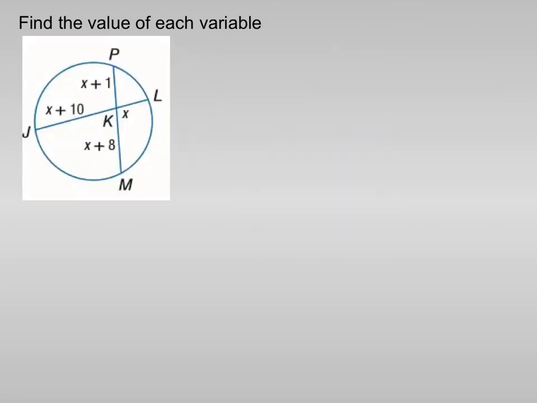In our last example, we have to first determine that the lines intersect inside the circle, so it's the little times the little part.